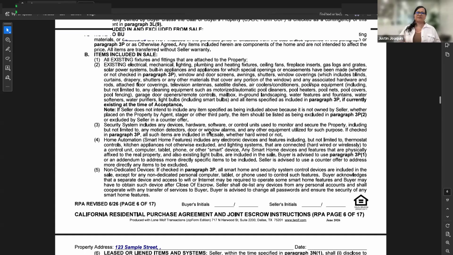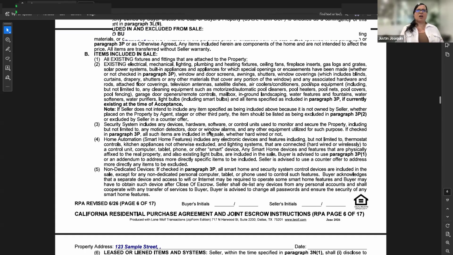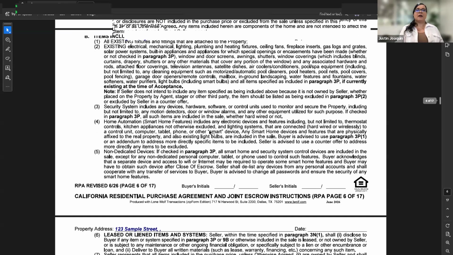This is. Okay, so 9B1, all existing fixtures and fittings. B2, what I would like to point out in B2, this is one of those little homework things, if you want to actually read as far as what's included. What I do want to point out is, believe it or not, what seems to come up regularly, disputes and disagreements over items included in the paragraph.